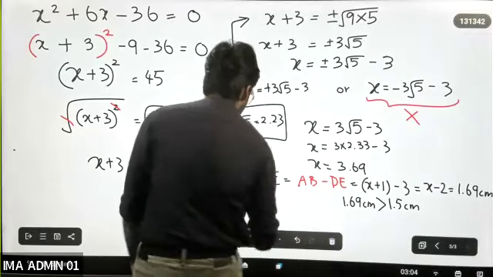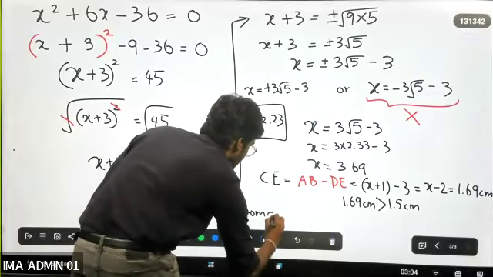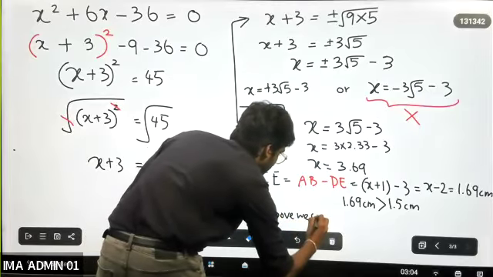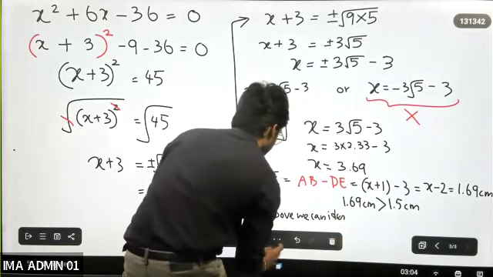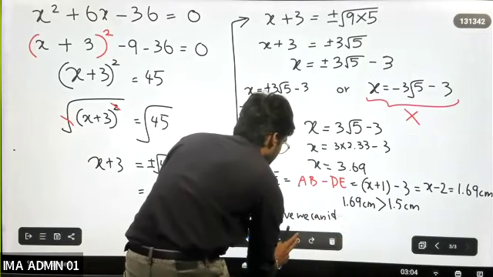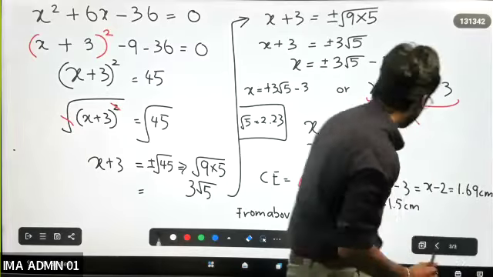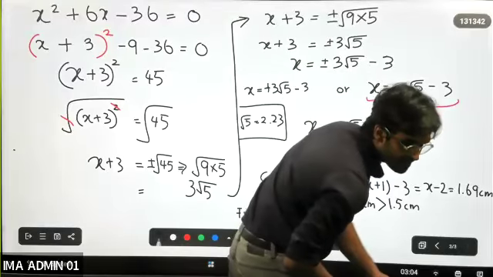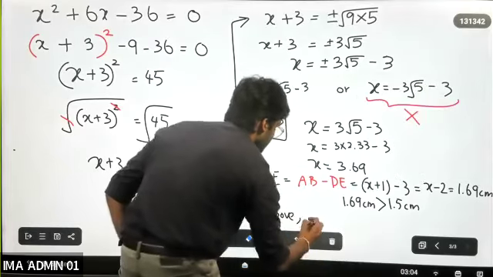So we have to write at the end: from above we can identify, from above, length CE exceeds 1.5.